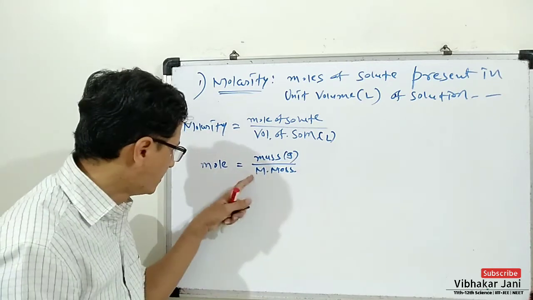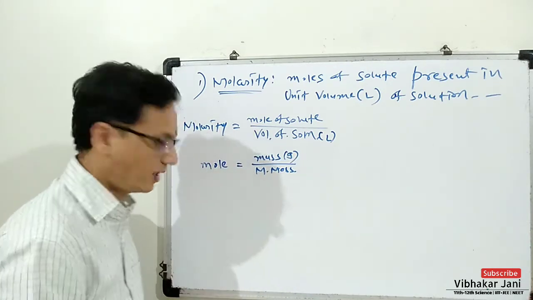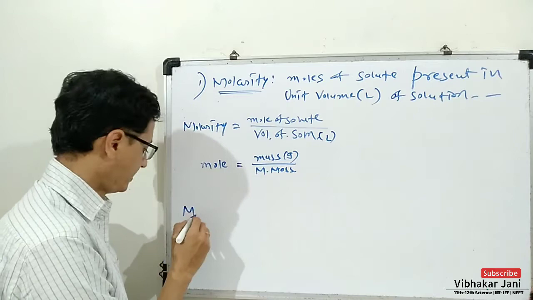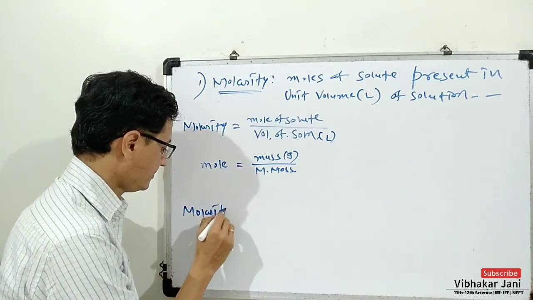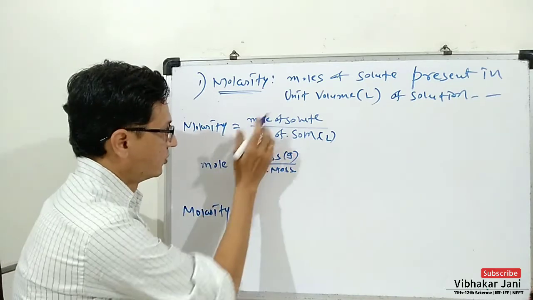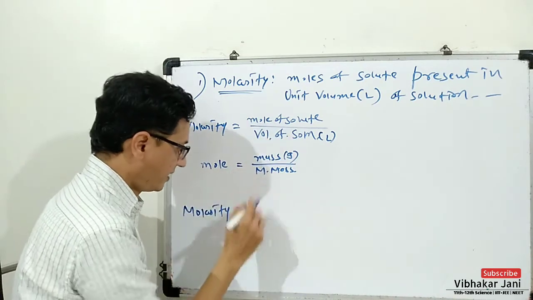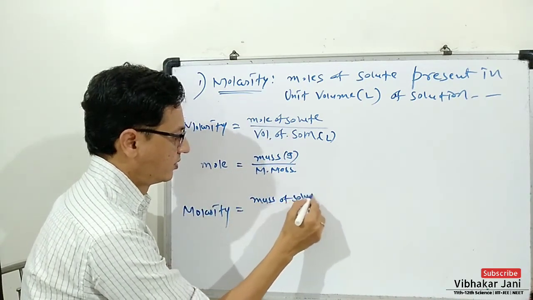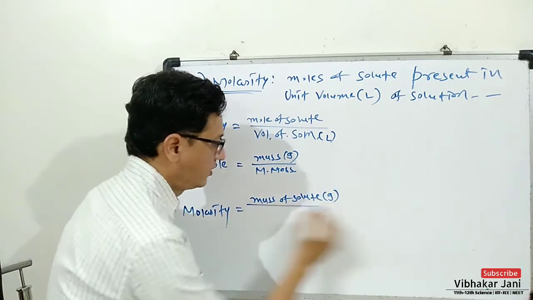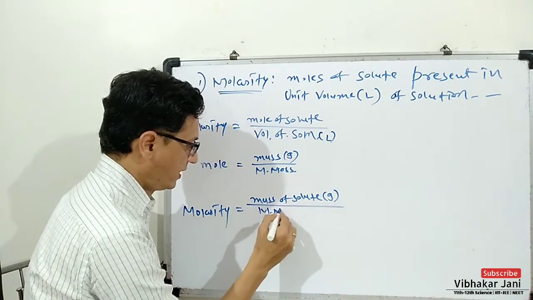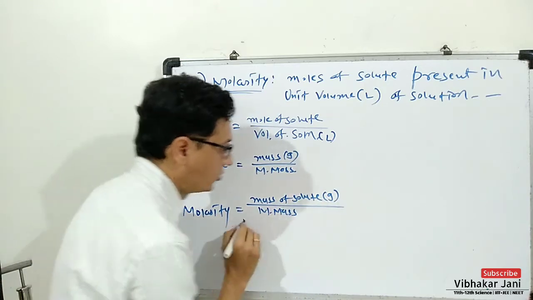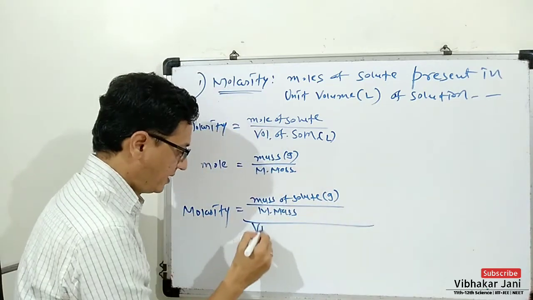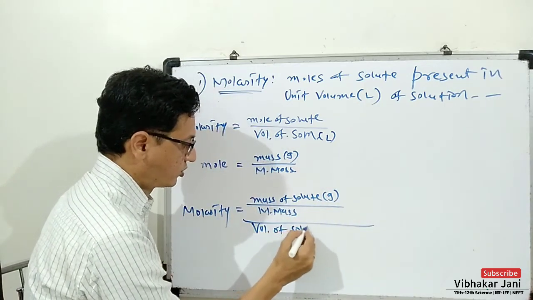If we put this value of mole into this formula, then the formula will become like this. Molarity is equal to, now instead of mole I can write, mass of solute in gram upon molecular mass of solute divided by volume of solution.